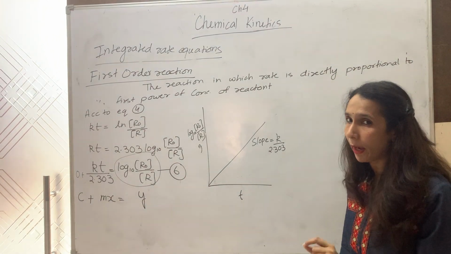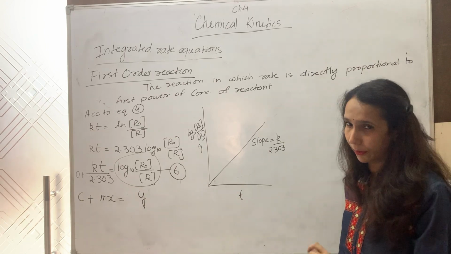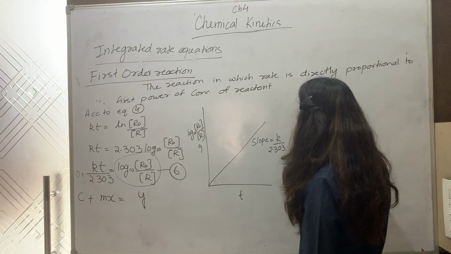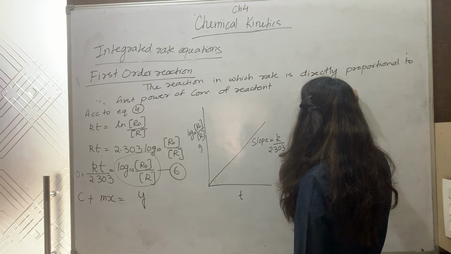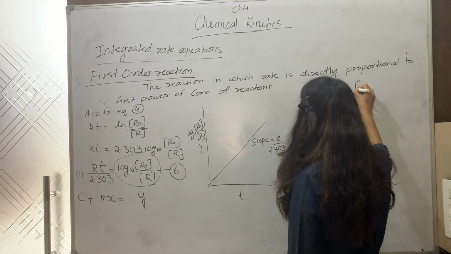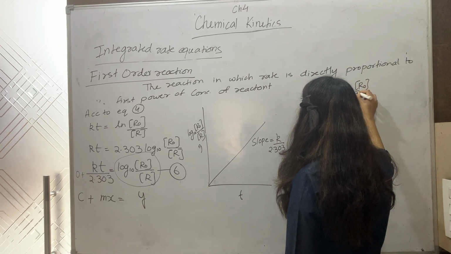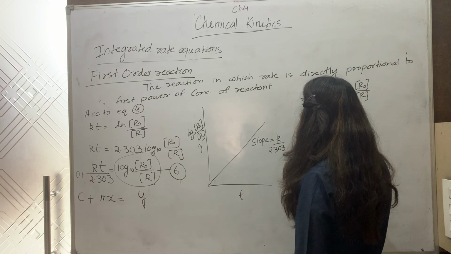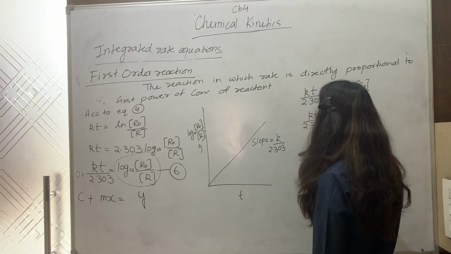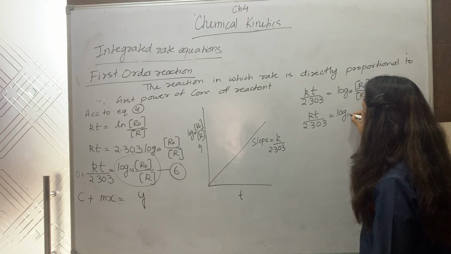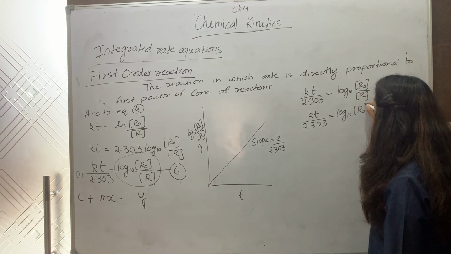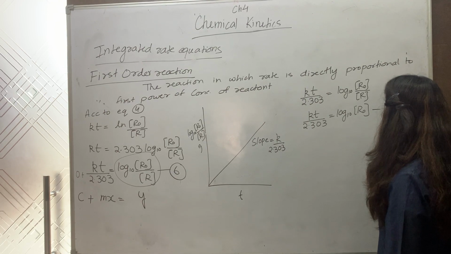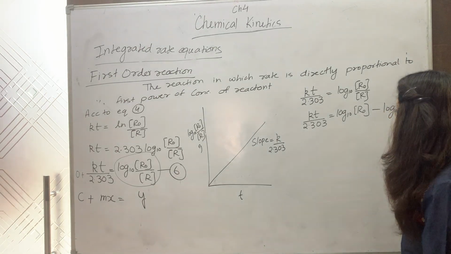Now I am modifying equation 6 again. What is my equation 6? Kt upon 2.303 is equal to log to the base 10 R naught upon R. We know that log A upon B is equal to log A minus log B. So I can write log to the base 10 R naught minus log to the base 10 R. Now I'm just rearranging it.